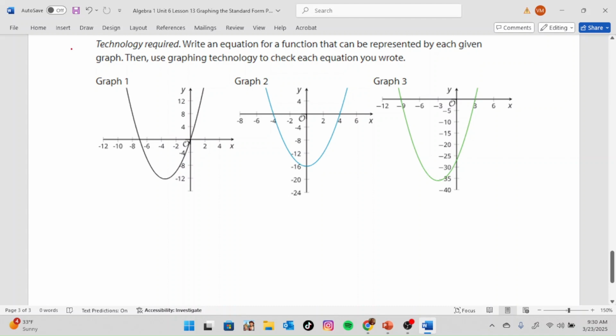Our last practice problem for this lesson says technology required, so we're going to use the Desmos graphing calculator. Write an equation for a function that can be represented by each given graph. Then use graphing technology to check each equation you wrote. So for graph number 1, first I notice that I have an x-intercept at -7.